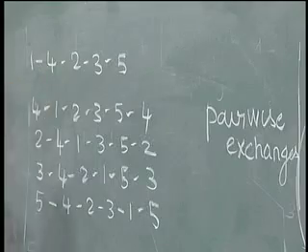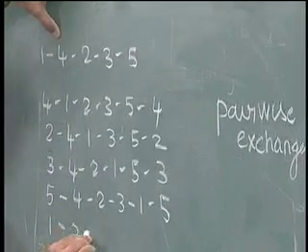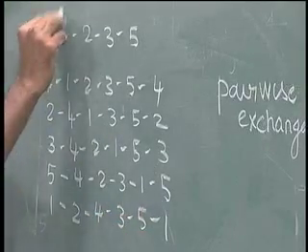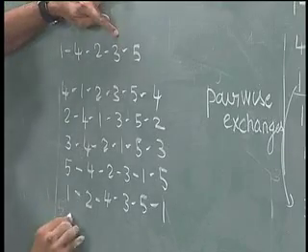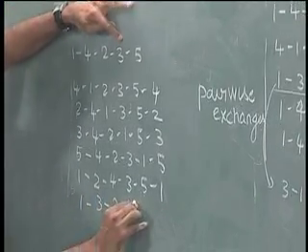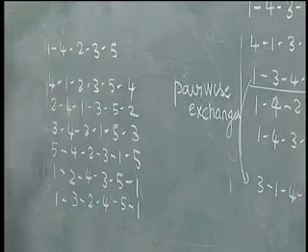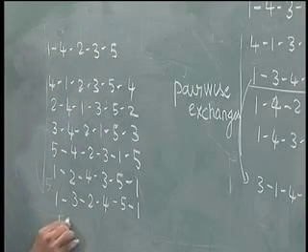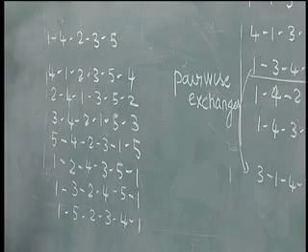Then we look at this. Now this is 1 2 4 3 5 1, that is I am exchanging this 4 and 2. Now I exchange this 4 and 3, I will get 1 3 2 4 5 1. Then I exchange 4 and 5 to get 1 5 2 3 4 1.